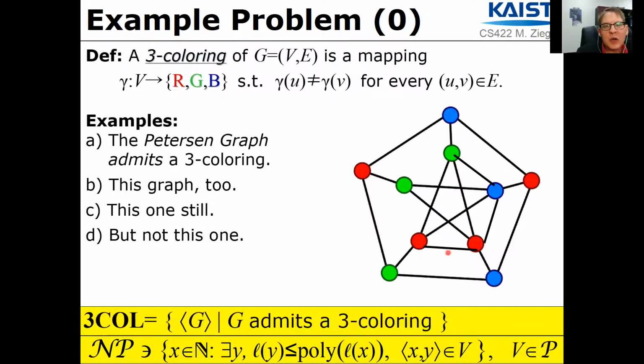And to do so, we're first going to formalize this decision problem, namely as a set of all codes, encodings of graphs that admit a 3-coloring. Remember, this is our way of formalizing decision problems as subsets of natural numbers. In this case, this is a set of all codes as natural numbers of such graphs that admit a 3-coloring.